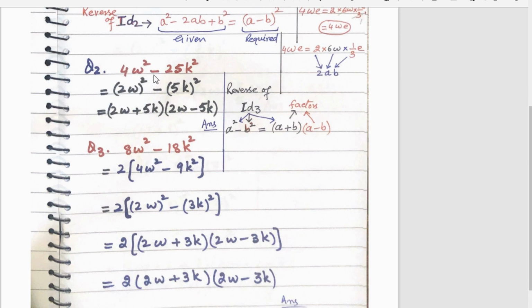You can check it. Come to the next term, minus 25. We can get it with the help of 5 square. 25 is the square of 5. When we multiply 5 with 5, we get 25. It means 25 can be written as 5 square, and k is already in the form of square. So can we write down the square of both the terms once and enclose them inside a bracket?